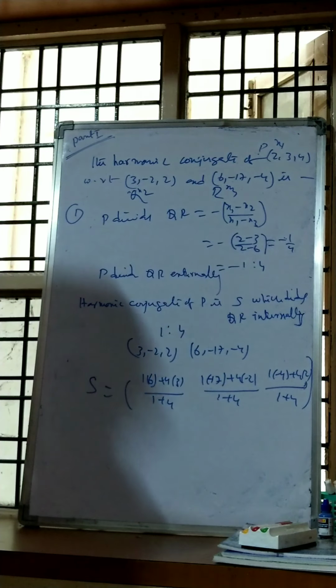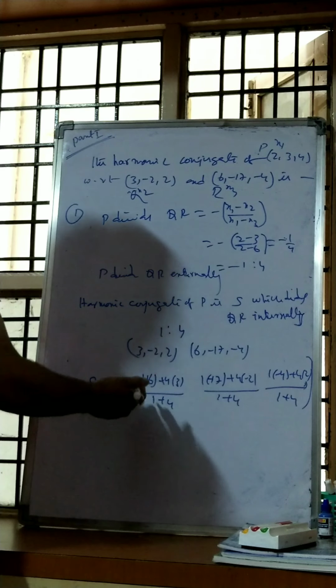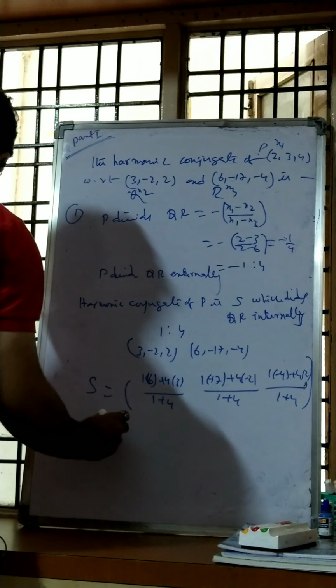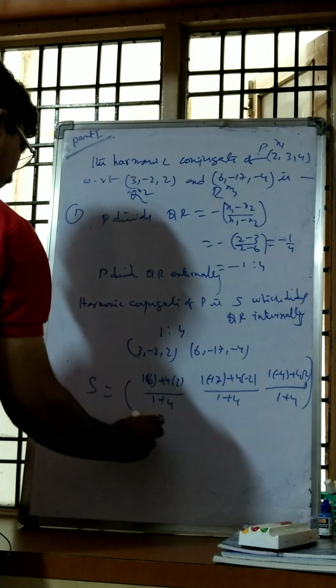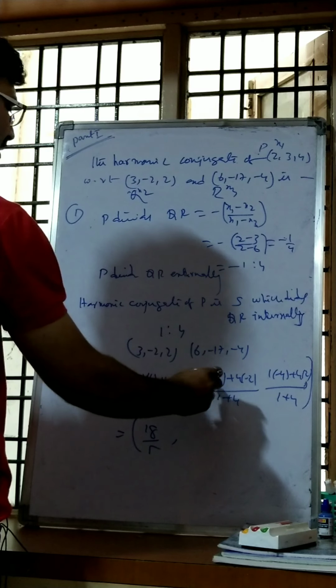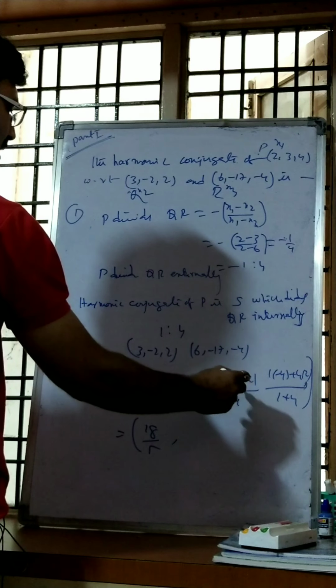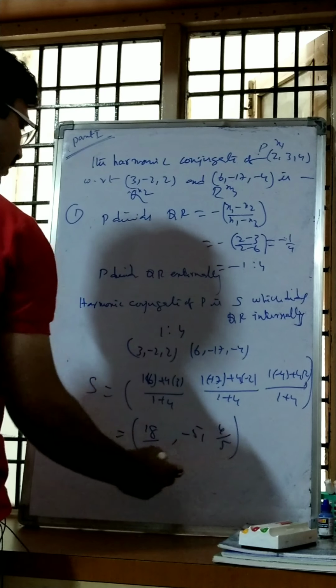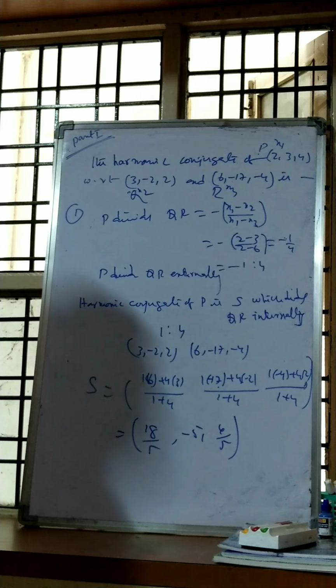Like this we are getting. You need not worry here. It is 18 by 5, something you will get like this. Minus 17 minus 18, minus 5 you are getting, and the last one is 4 by 5.